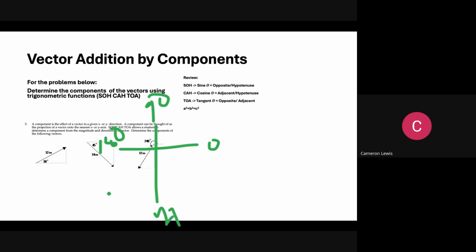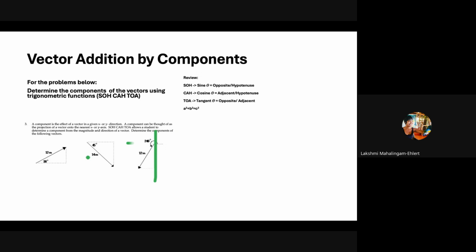So if I know this big angle all the way over here is 240, how much is this little angle? 240 minus 90.